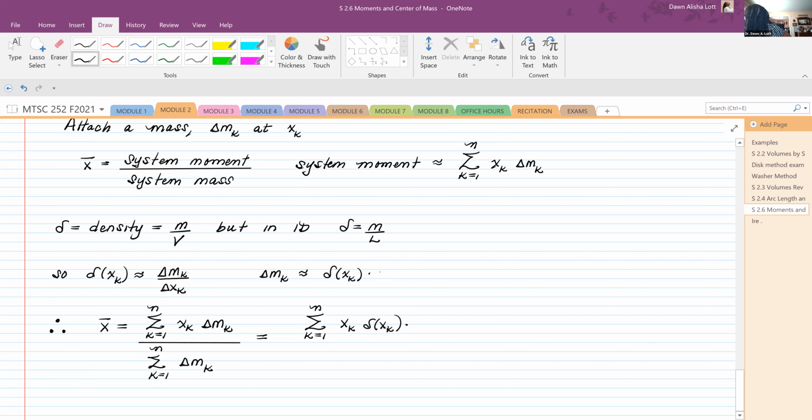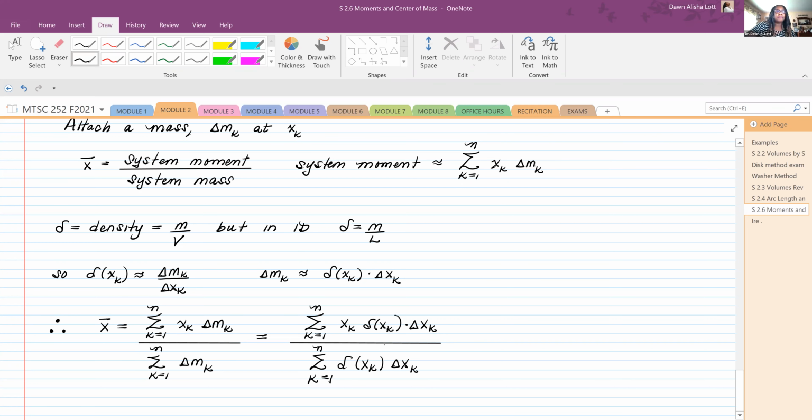This is supposed to be the change in xk. And that whole thing is divided by the sum k equals 1 to n of delta of xk times the change in xk.